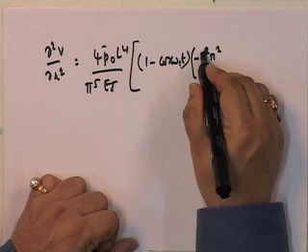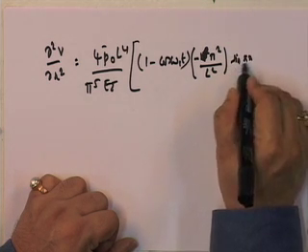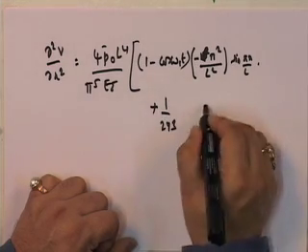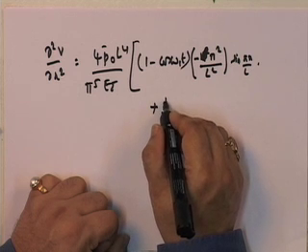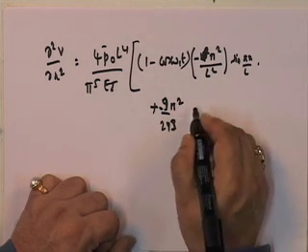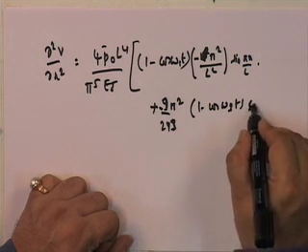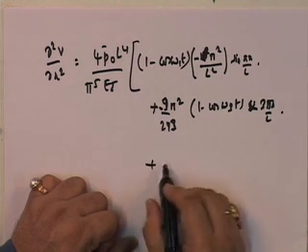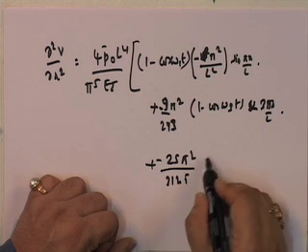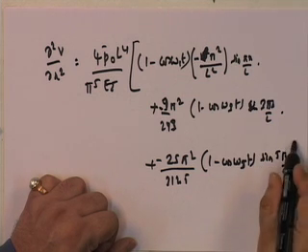So this is like pi squared upon L squared into sine pi x upon L plus 1 upon 243, and when you differentiate sine 3 pi, you get minus 9 pi squared upon 243 into 1 minus cosine omega 3 into sine 3 pi x upon L plus, now if I differentiate, it becomes 25, of course minus again, upon 3125 1 minus cosine omega 5 into sine 5 pi x upon L plus, and so on.